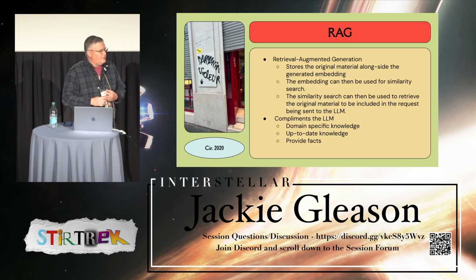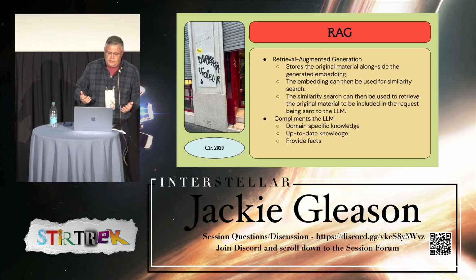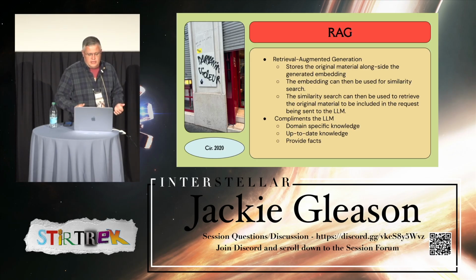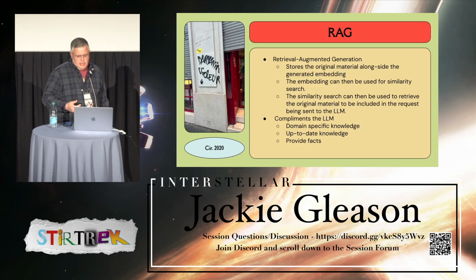Neptune is for graphs, and S3 is just for simple embeddings. So there's a lot of differentiation in this market. RAG is a little bit more nuanced than just RAGs, is what I'm trying to get at.